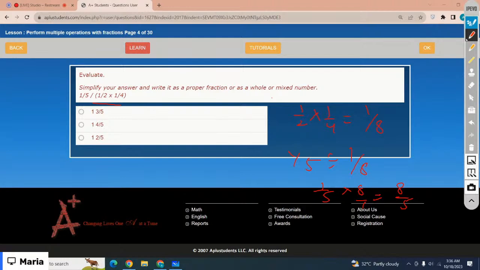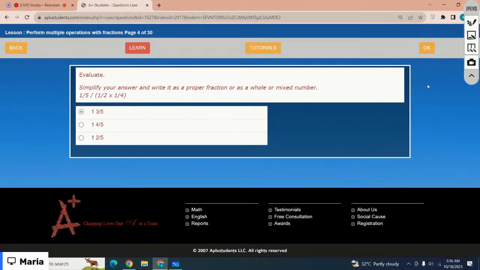When you divide them, that is 8 over, hold on, 1 by 2, 1 by 8. No, no, no. Yes, that is 1 whole 3 over 5. Option 1 is the correct option.